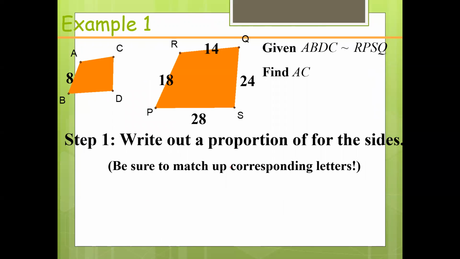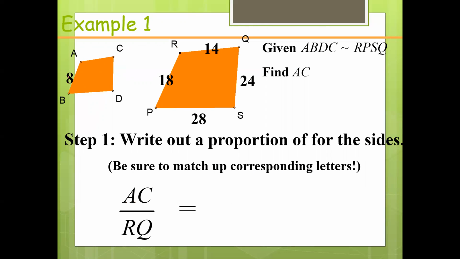So write out a proportion for the sides. Be sure to match up corresponding letters. Let's start with AC. AC corresponds to RQ, right? So RQ. And now let's use something for the second one for us to solve the missing side. Don't use the missing side; use the side that has a measurement and pair it with its corresponding side.